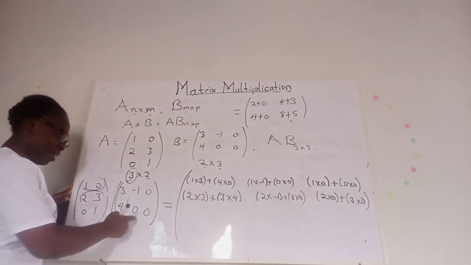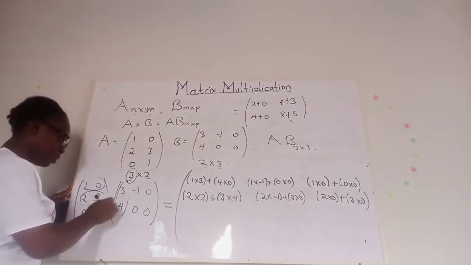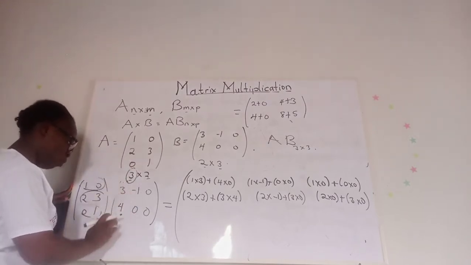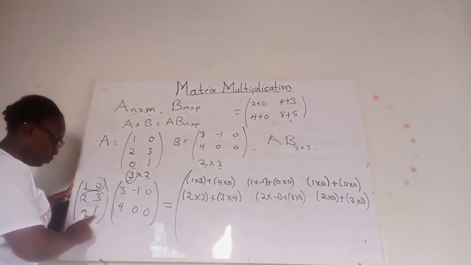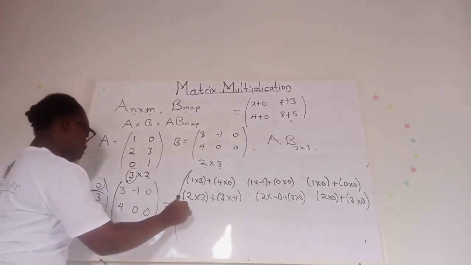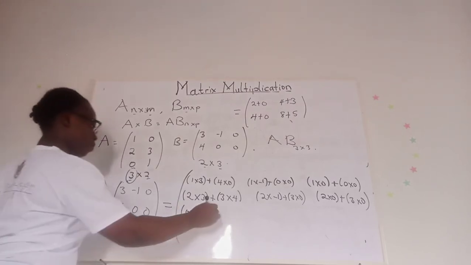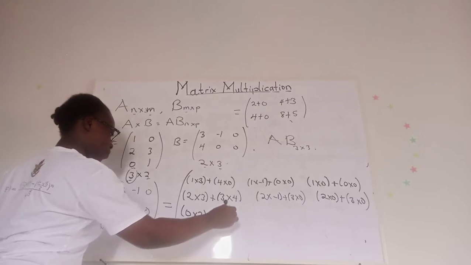Now let's look at the third row. I pick my third row and multiply by each column. So I pick 0, 1: 0 times 3 plus 1 times 4.